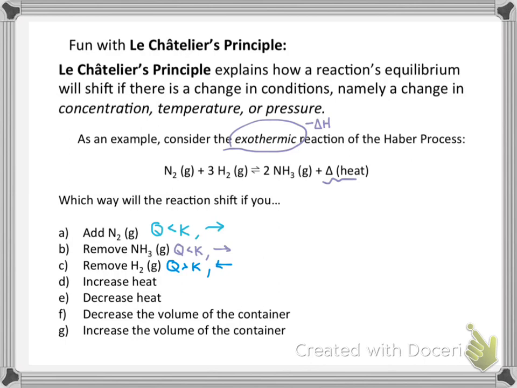So if we increase the temperature, heat the container up, we're essentially adding in more of a product. And so the reaction will shift in the other direction. And then if we cool it down, the opposite's happening. We're removing some of a product, so we'll shift to the right to make more.